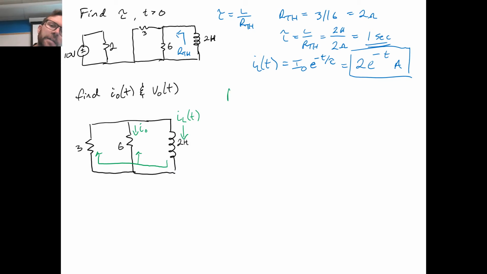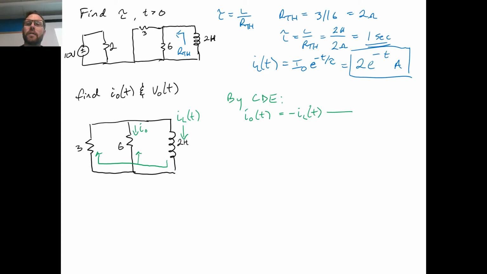a nice way to go about this, because we have 2 resistive paths and 1 current coming into those paths, is current divider. It's a great solution here. So by the current divider equation, we have I naught of t equal to negative IL of t, again because it's in the opposite direction, times the other resistive branch in the numerator.